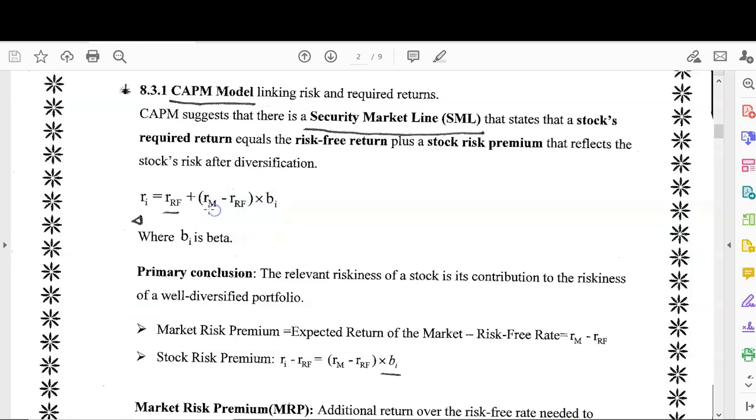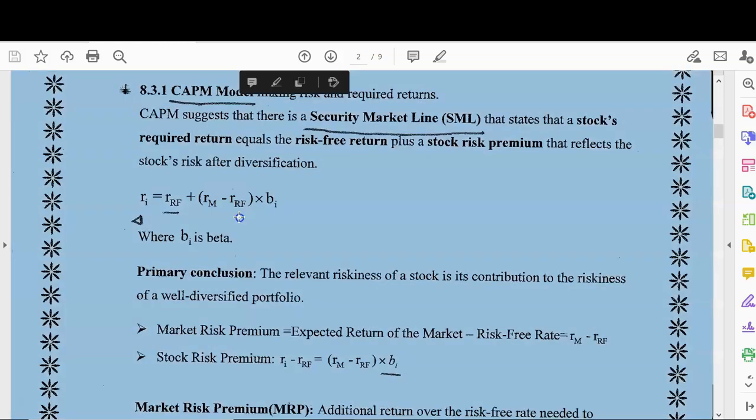Okay, and market risk premium is the market return minus risk-free rate. Remember, market return equals risk-free rate plus market risk premium. So market risk premium equals market return minus risk-free rate. Okay, risk premium is the difference of the return of the asset minus the risk-free rate.